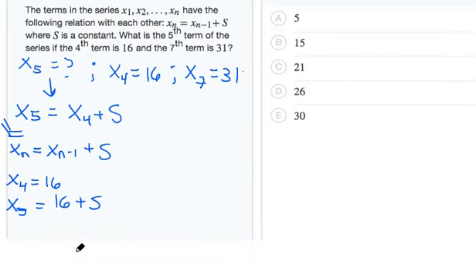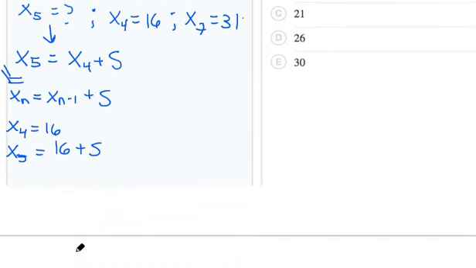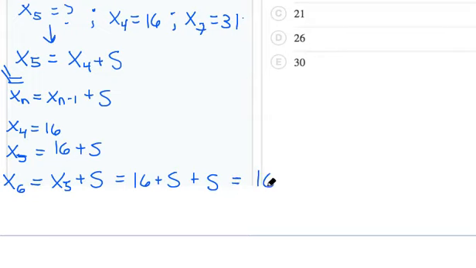X sub 6 would equal x sub 5 plus s. Since x sub 5 is 16 plus s, we have 16 plus s plus s, which gives us 16 plus 2s.